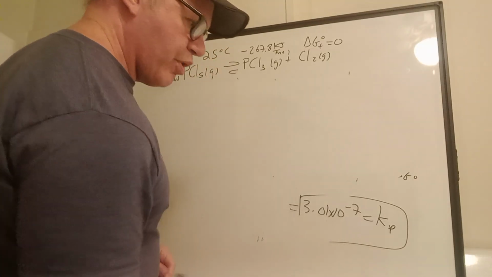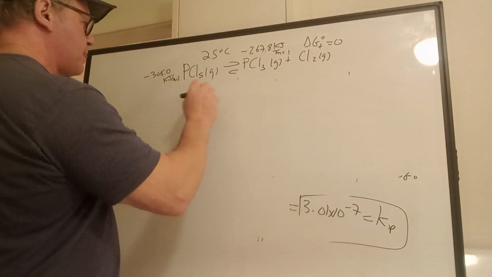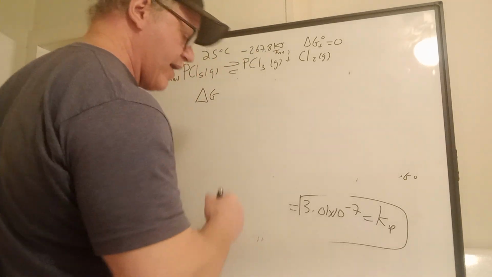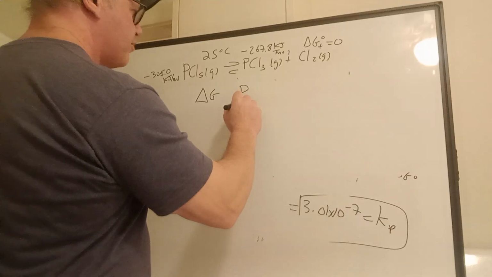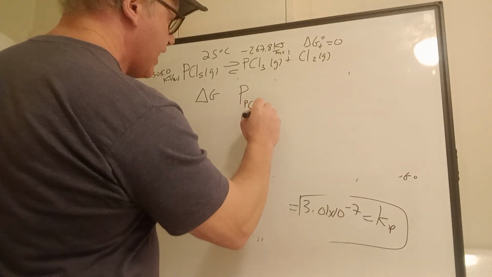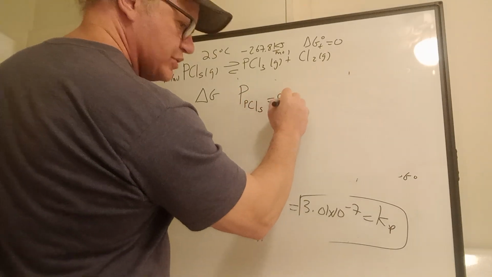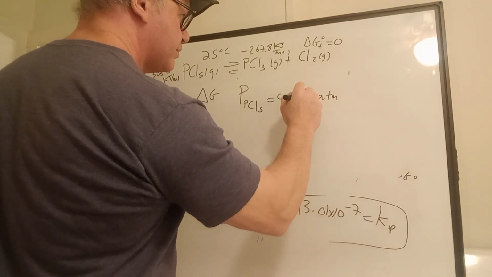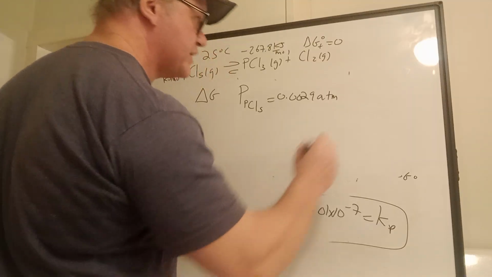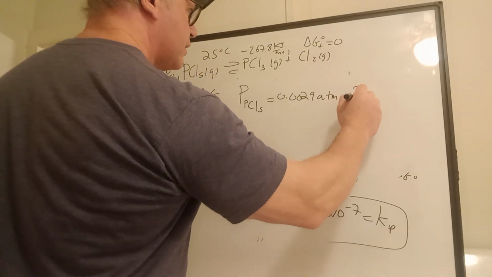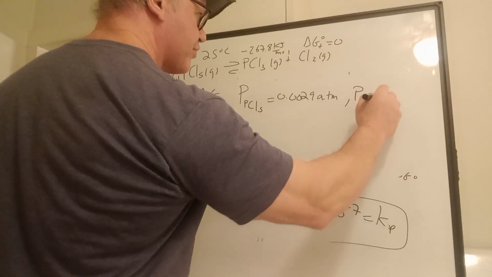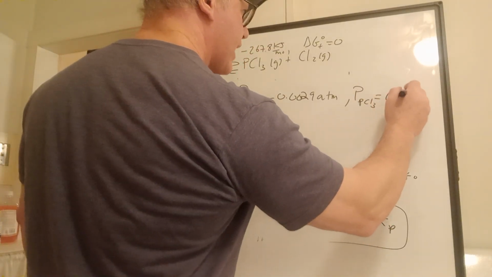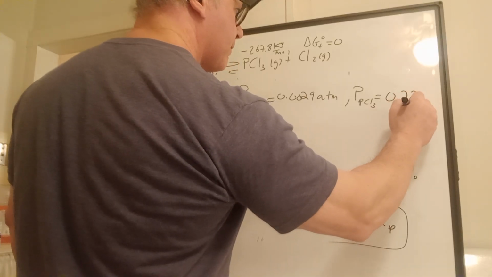The second part, it says calculate delta G. So delta G is under arbitrary conditions, and we're told that the pressure of PCl5 is 0.0029 atmospheres, and the pressure of PCl3 is 0.27 atmospheres.